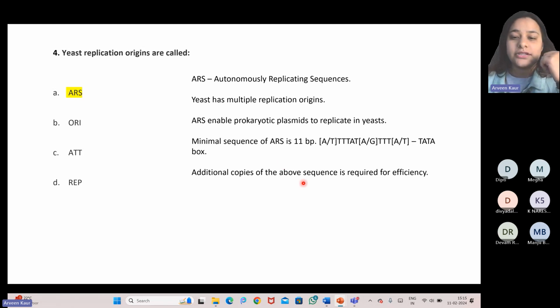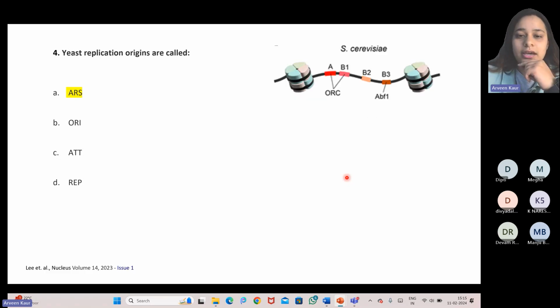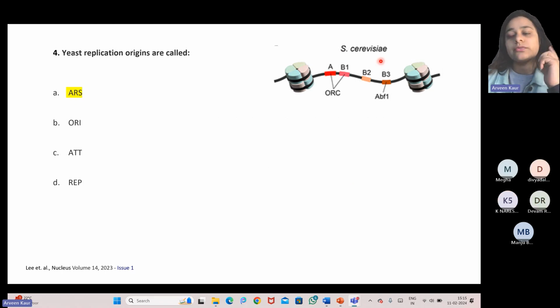Also, additional copies of the above sequence are required for efficiency. That is, this is the minimal sequence. There could be multiple repeats of the sequence present, right? Then in case of yeast or S. cerevisiae, again the yeast, we can say that there are multiple components present in this origin, right?